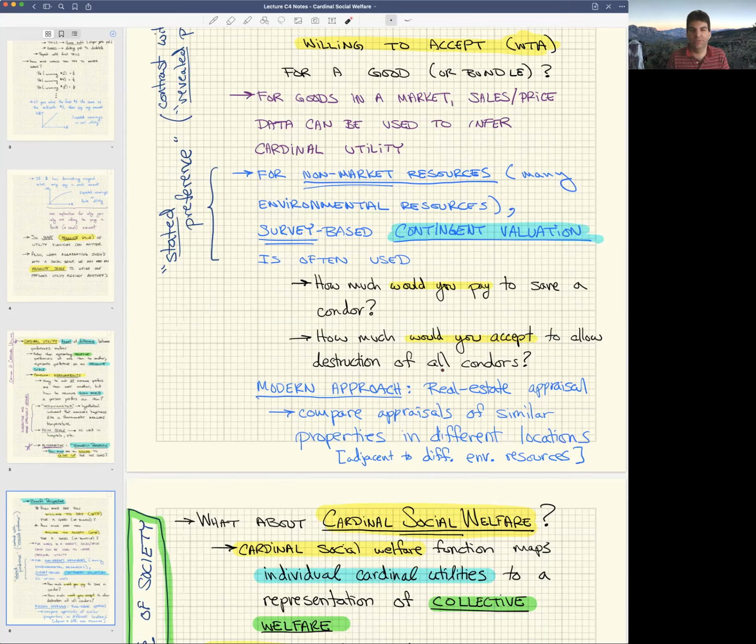So we can look at a bunch of different homes across, say, the United States, and find homes that are matched in every way possible except for the environmental resource. So this home is exactly the same as this other home, but this home is parked right next to a wastewater treatment plant.